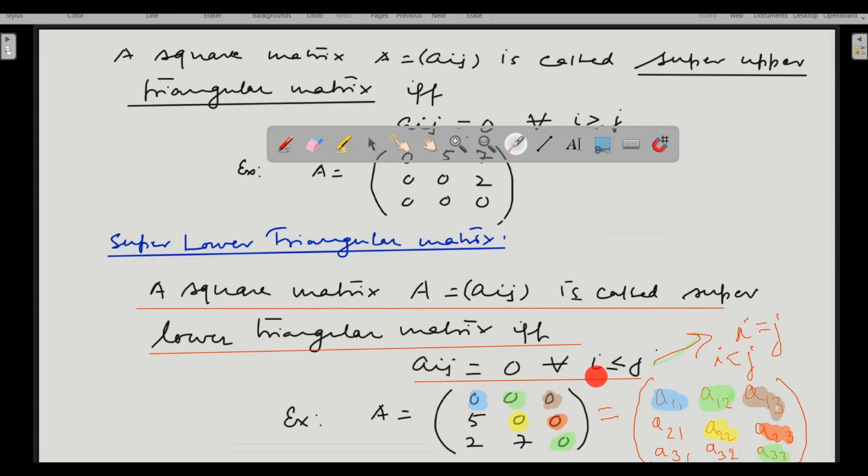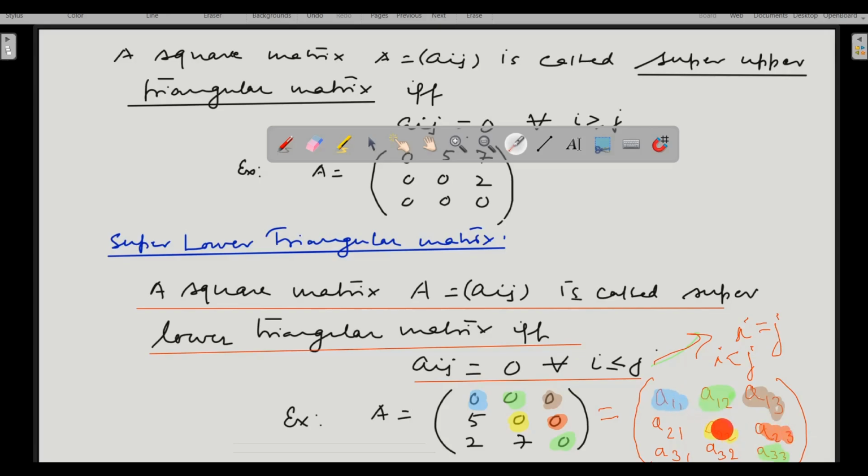So Aij is equal to 0 for all the elements satisfying this condition, and these colored elements satisfy this particular condition. This is how a super lower triangular matrix is formed, because 1 is smaller than 2, so i is smaller than j. 1 is smaller than 3, i is smaller than j. 2 is smaller than 3, so i is smaller than j.